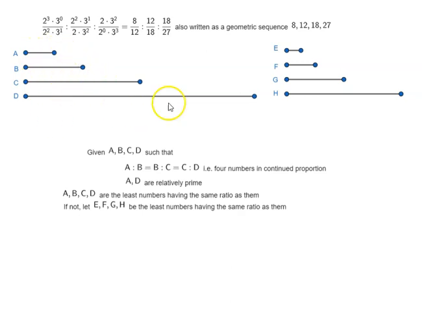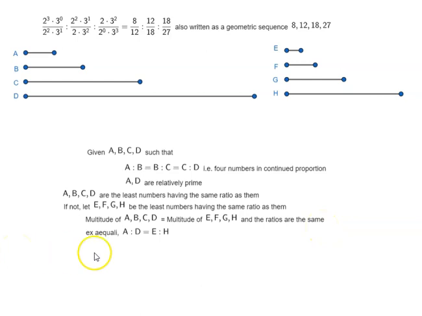Now the multitude of A, B, C, D, as Euclid says, is equal to the multitude of E, F, G, H. And the ratios are the same because they are in proportion. So, ex aequali, A is to D is equal to E is to H.